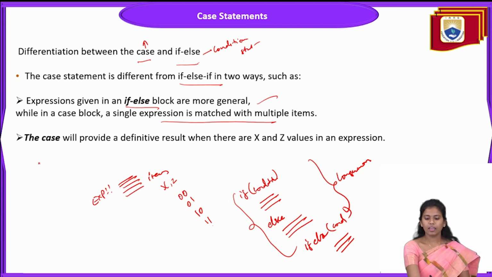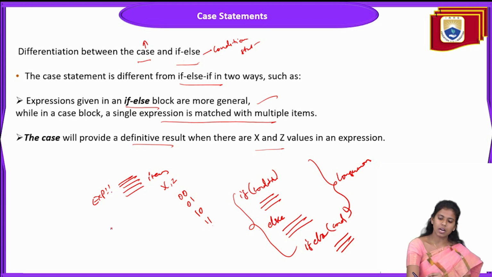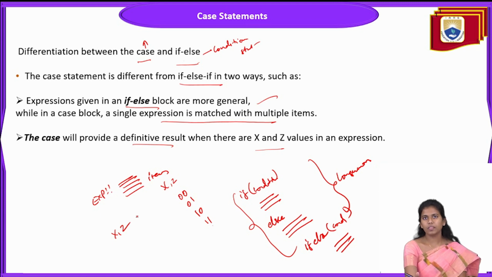The case statement will provide a definitive result when there are X and Z values in the expressions. So the case statement gives different values when the inputs are in terms of X and Z values.